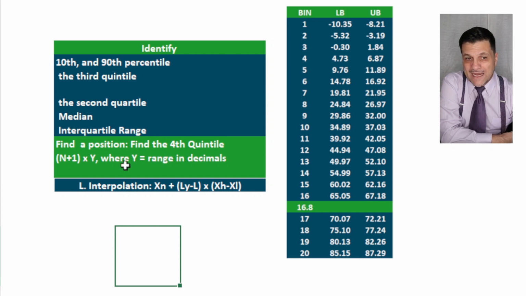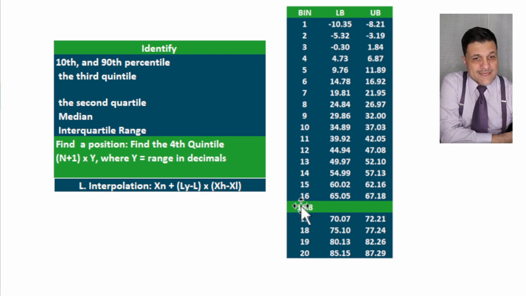Multiply by n plus 1, which is 20 plus 1, 21. So 21 times 0.8 is 16.8. So it's this number here that we're looking for. What is the range that belongs to the 16.8?